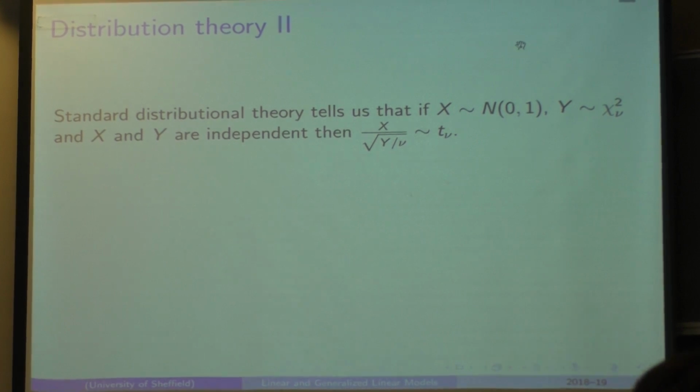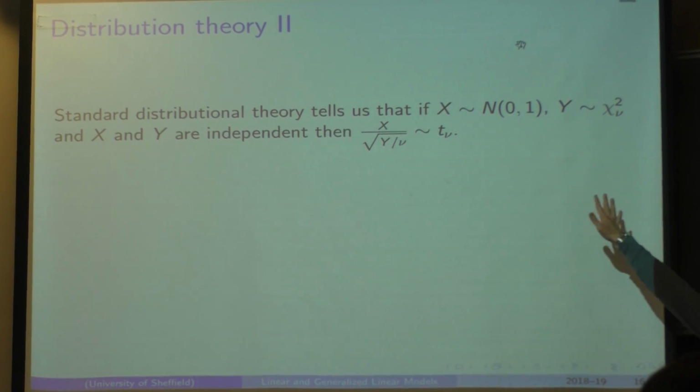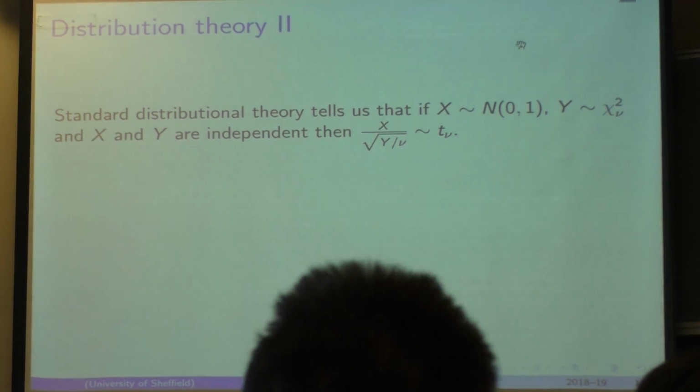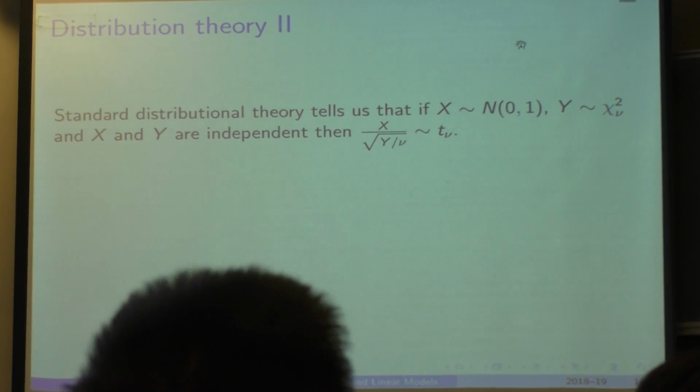If you do this, you get a t distribution, which also has nu degrees of freedom. And you need X and Y to be independent random variables. Okay? So you can think of this as being the definition of the t distribution.